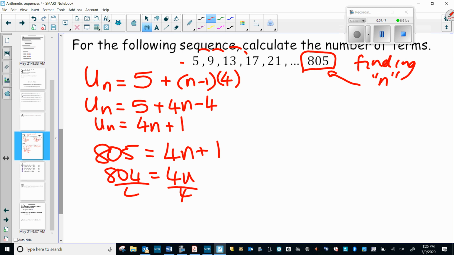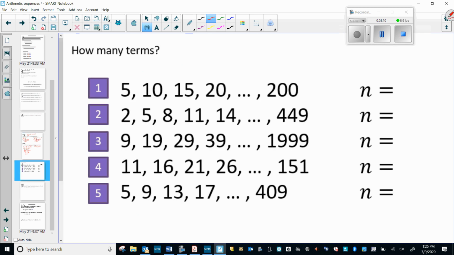And divide both sides by 4. So there are 201 terms in that sequence. Is that making sense? So we've been given the last term, and we've been asked to find how many terms there are.